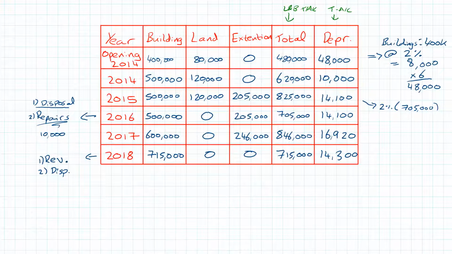So the first thing to do is to put in our figure for building and to put in our figure for land into our land and buildings account. So again, we use our total like we have up here. And then we put our 48,000 into our T accounts for depreciation as an opening balance.